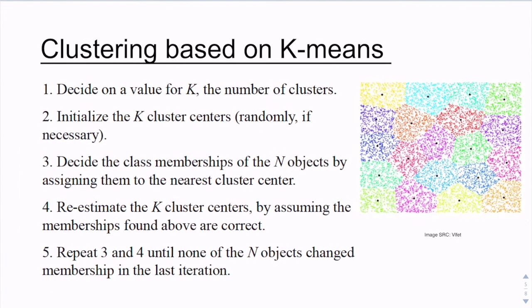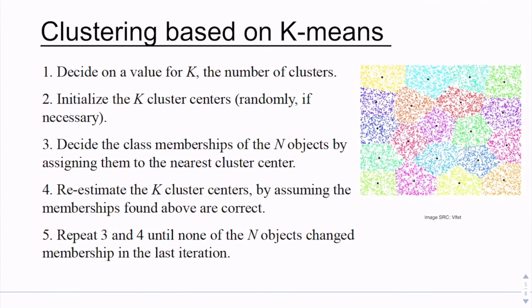Now let's see how we can do k-means. The original k-means algorithm has basically 5 steps. In the first step, we should know how many clusters we have in this data. Usually we can get expert opinion, or we have some idea, or we are told to assign k clusters.